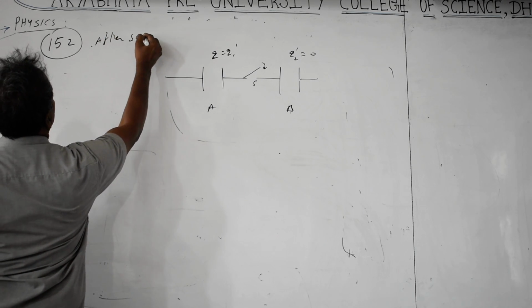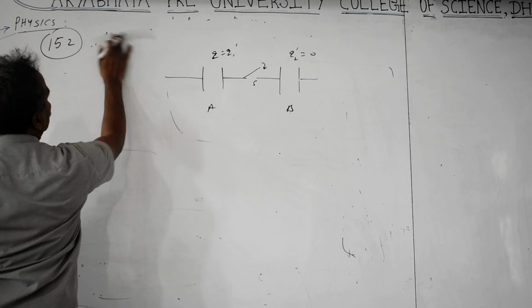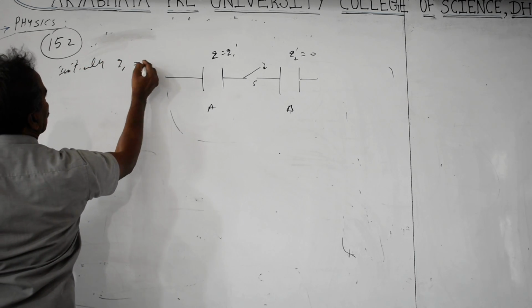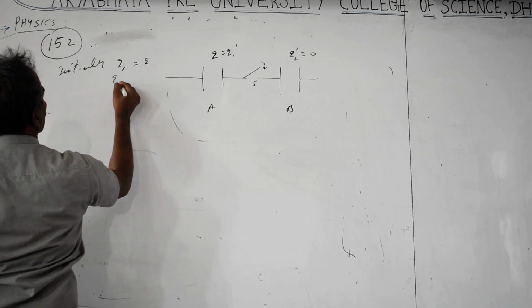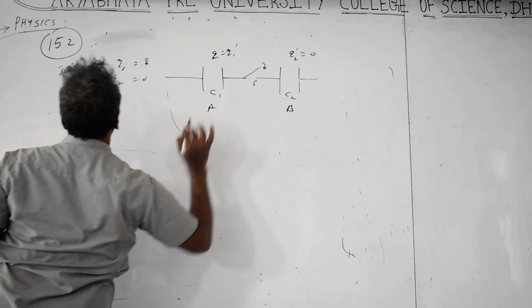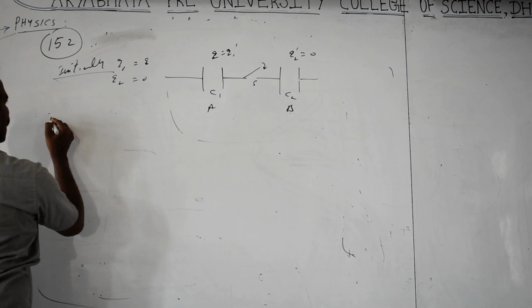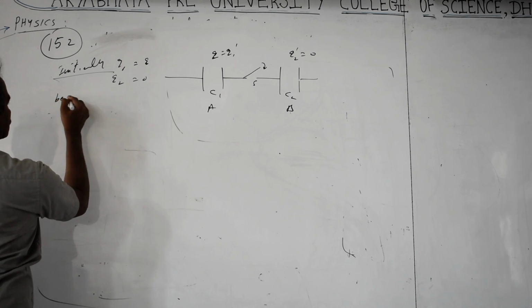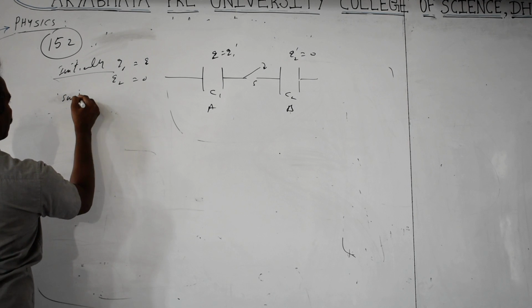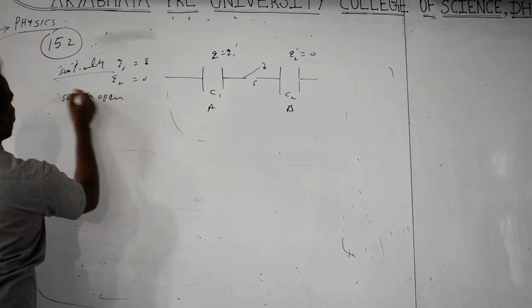Initially Q1 is Q, Q2 is 0, with C1, C2 whatever the capacitances. This is before the switch is closed, initially switch open.